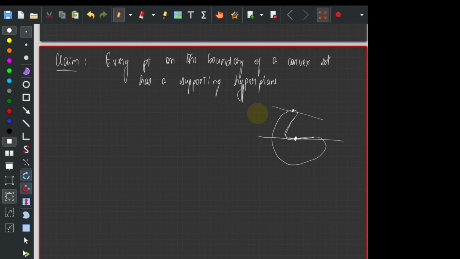Okay, but before that, suppose now let's take the separating hyperplane theorem for granted. Can we use that to prove this particular claim?